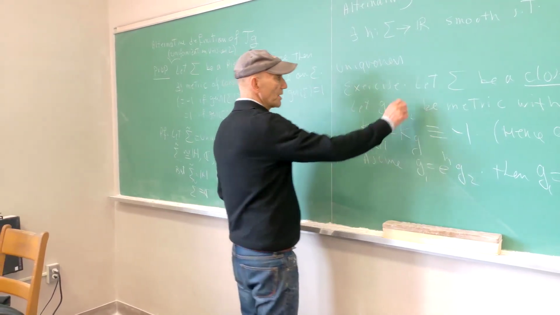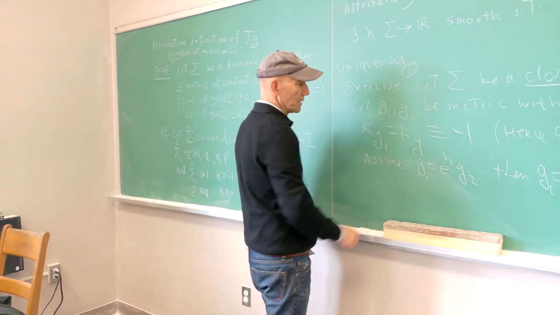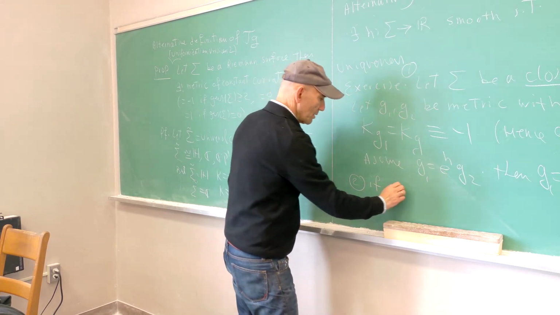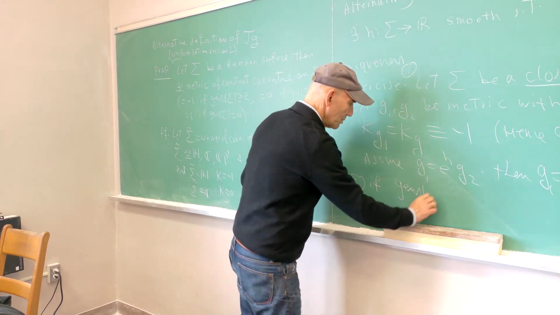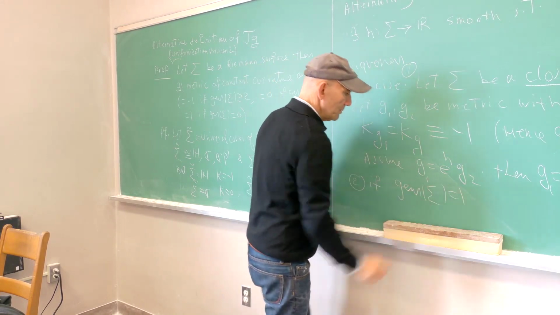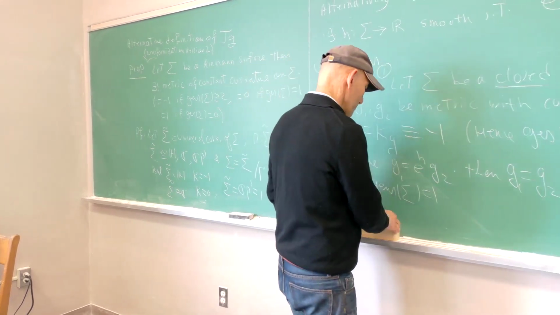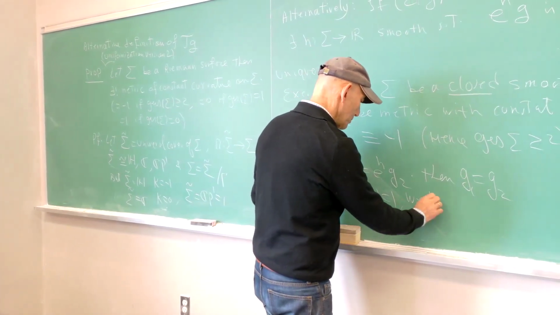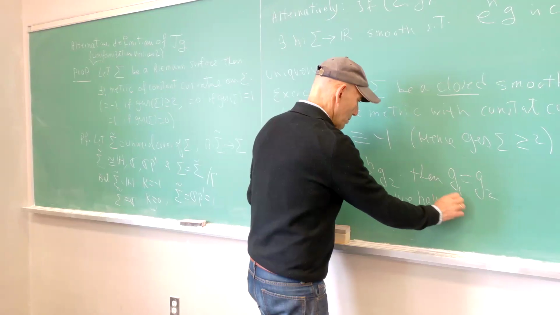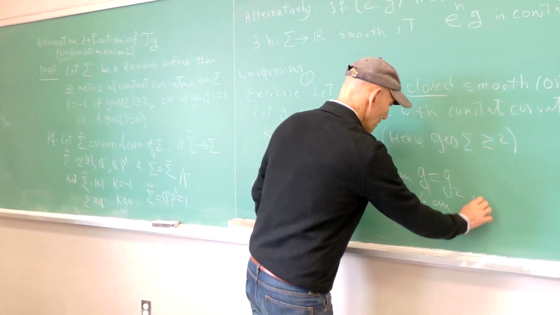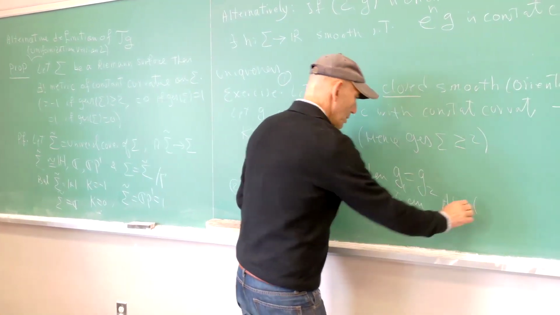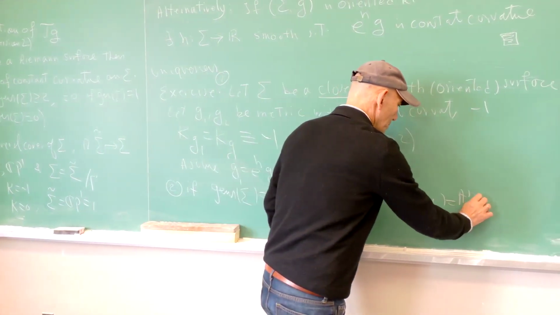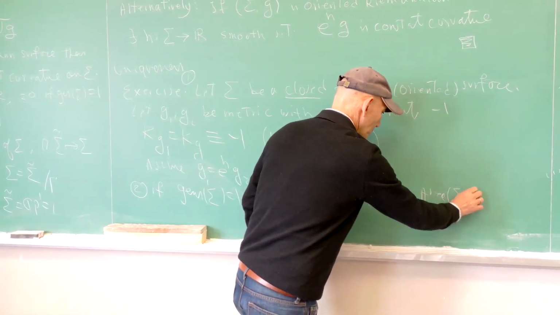So this is the first case, for genus bigger than or equal to 2. If the genus of sigma is 1, we have to assume the area of sigma with metric G1 is also equal to the area of sigma with metric G2.